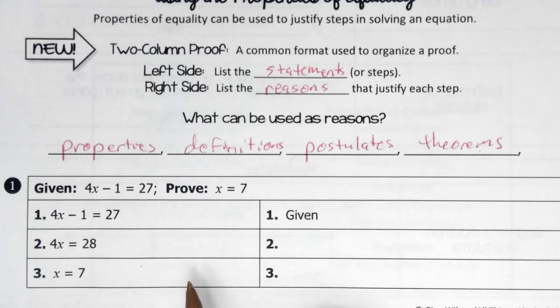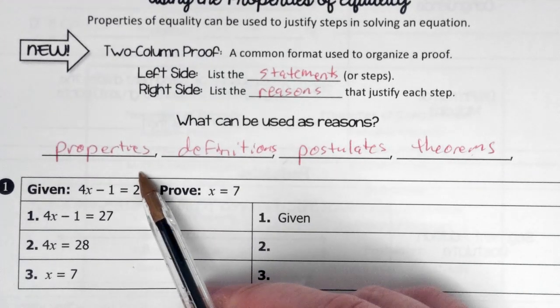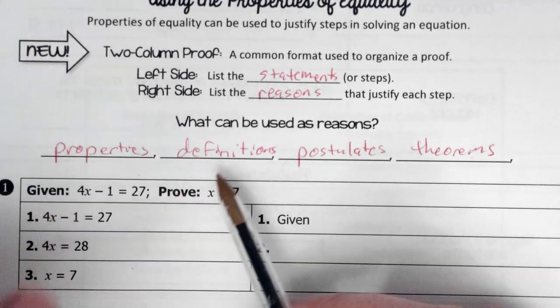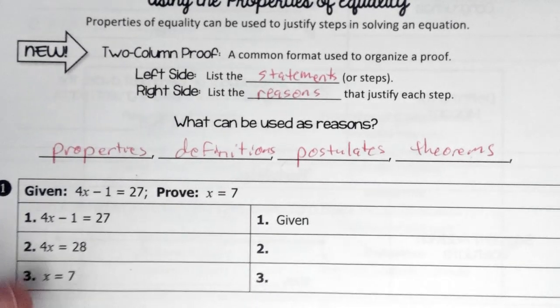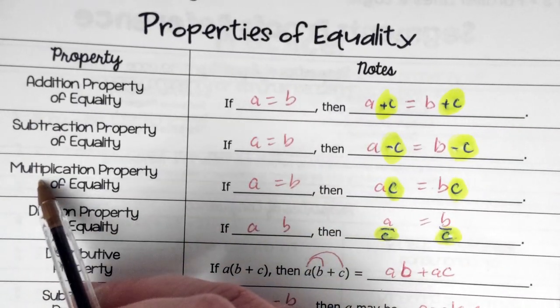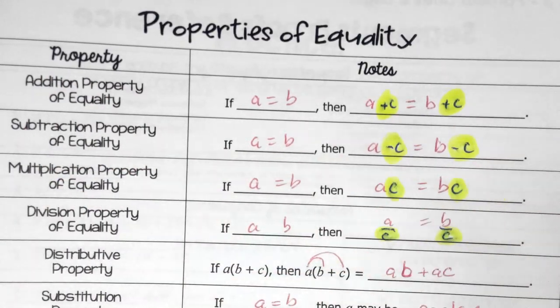And what we've been doing is we have the addition property, subtraction, multiplication, and division property. So what we just did were all the properties. Later on, we'll talk about definitions, postulates, and theorems. But really, you only truly need the first words: addition, subtraction, multiplication. As long as you have the first key buzzword, then you should be fine.